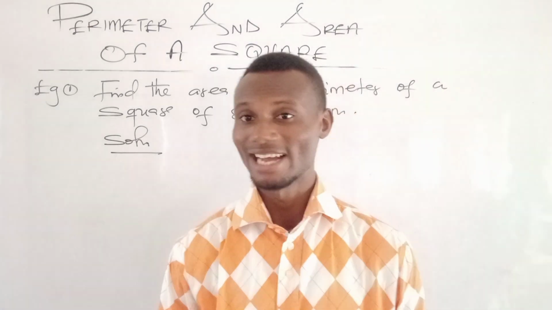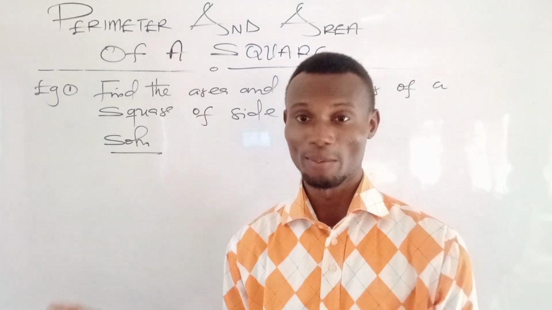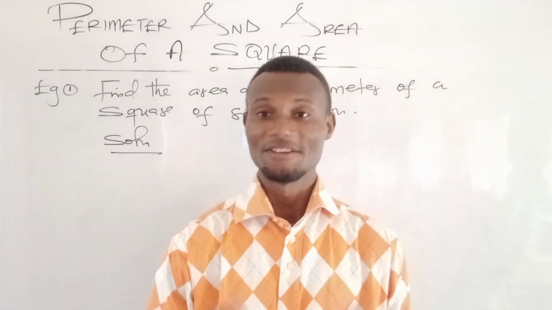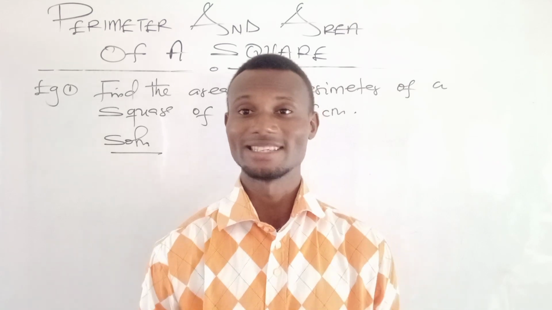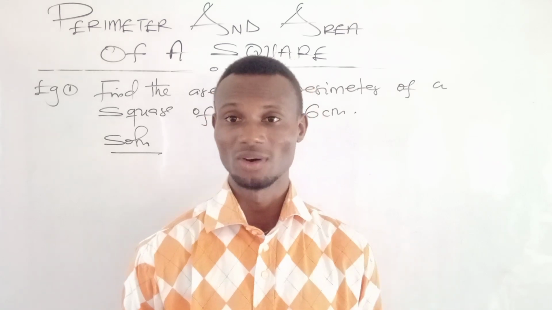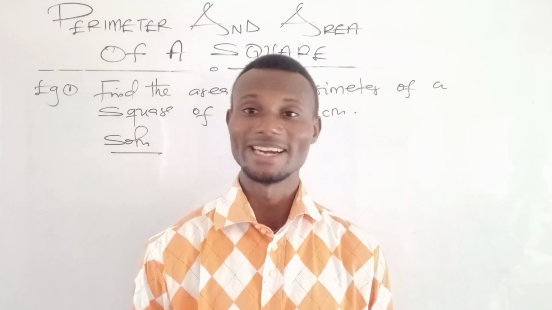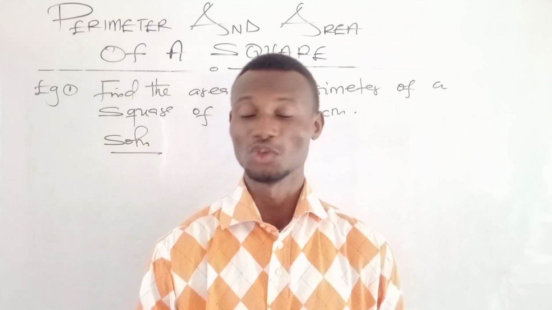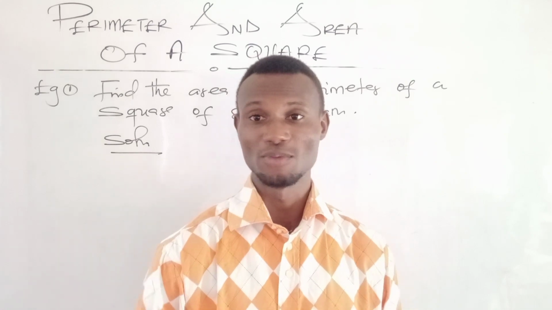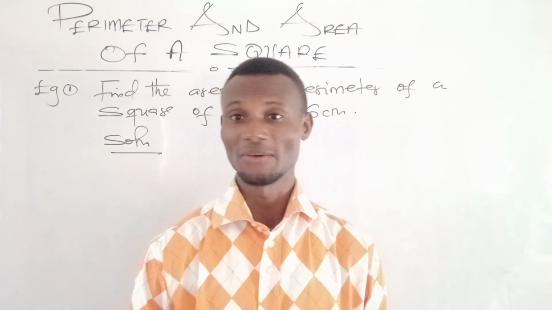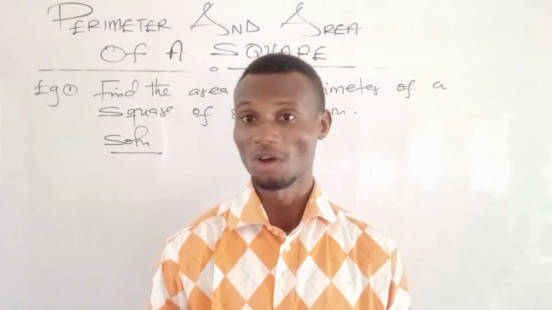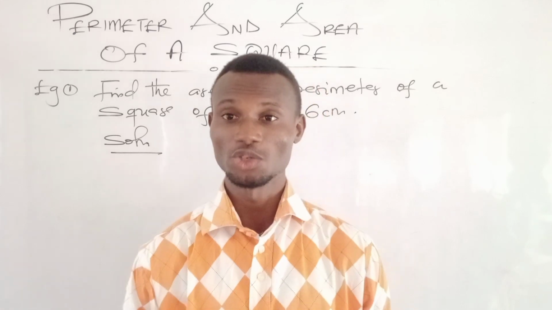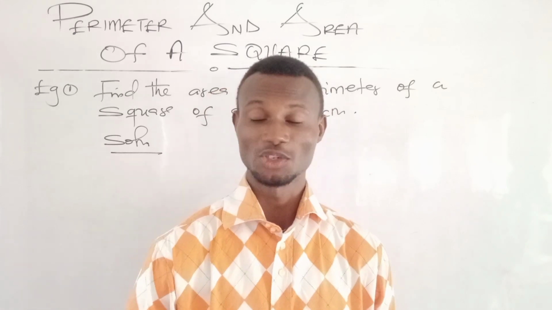I said that anytime you have word problem questions of this nature, the first thing to do is to read the question very well and understand what the question is asking you to do. Because you understanding what the question is asking you to do is part of the solution. If you don't understand what the question is asking you to do, then you cannot even attempt solving it.